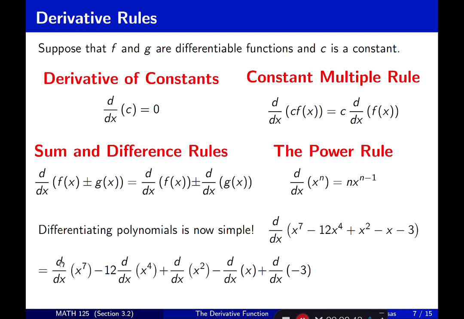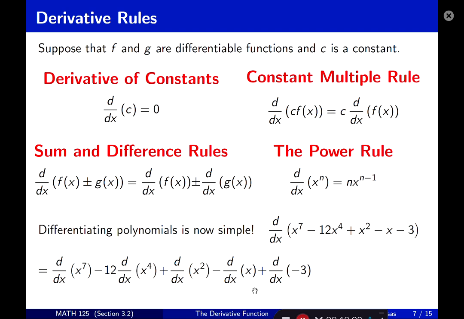So first we write the derivative of each term, and there's a plus or minus between them, right? And then at this point, for example, when writing the derivative of negative 12 x to the power 4, I know by the constant multiple rule 12 can come out of the derivative right there.